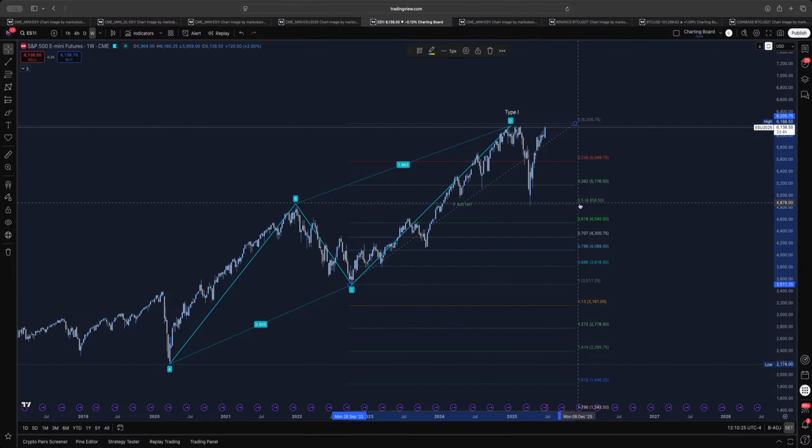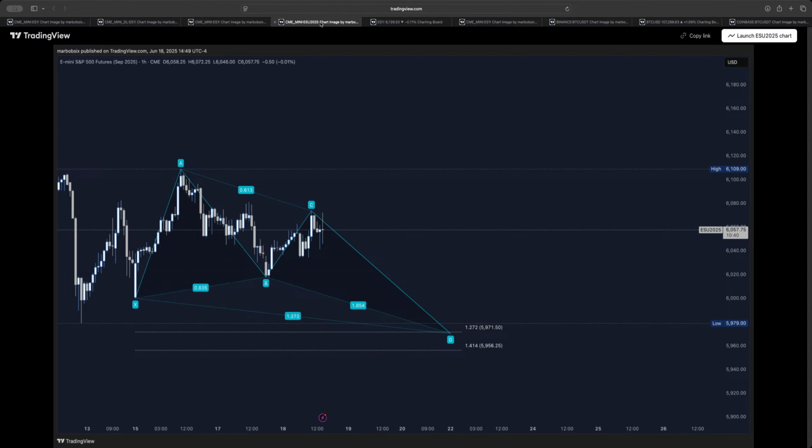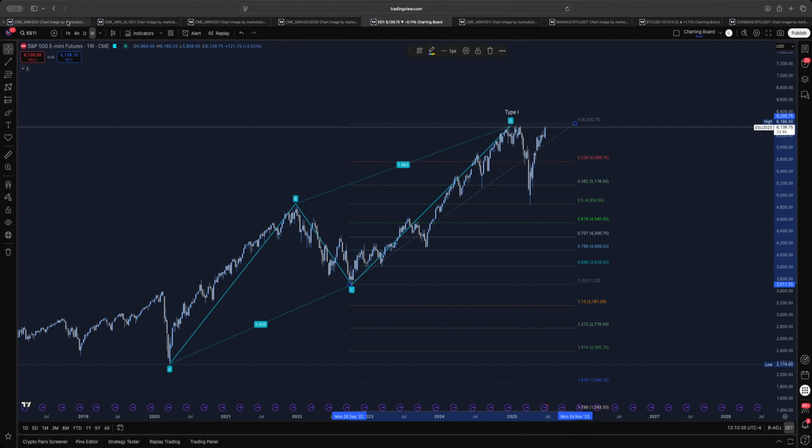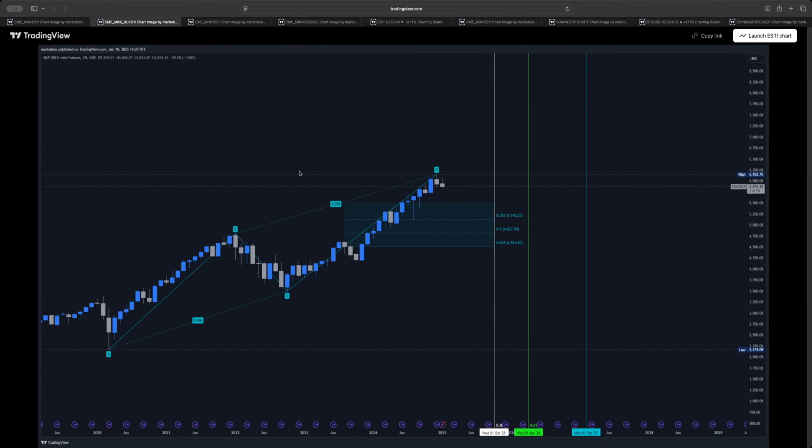Where did we go at the 50% correction? Was this also within the cards? Correct, my friends. That was certainly within the realm of probabilities in the price action right here.